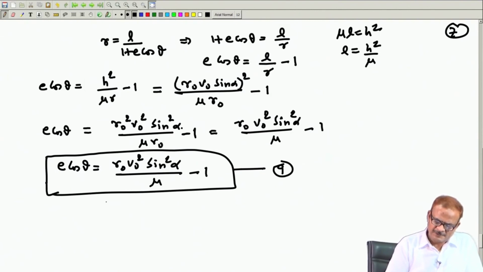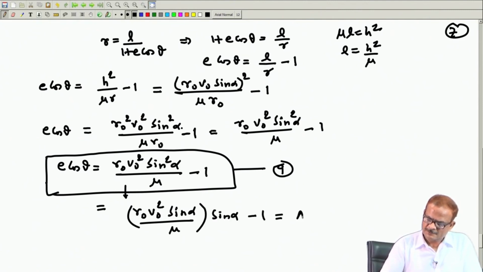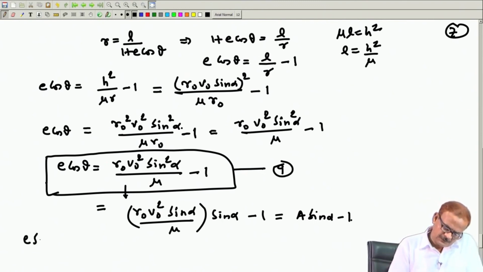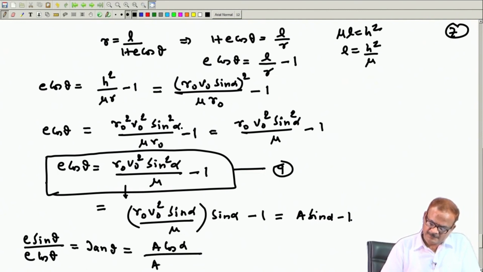This is just for giving it a brief notation, and this can also be reduced to this format. So, this will be A sin alpha minus 1, and therefore, E sin theta divided by E cos theta, that becomes tan theta, and we get this as A cos alpha divided by A sin alpha minus 1.